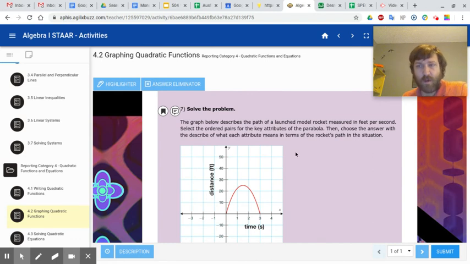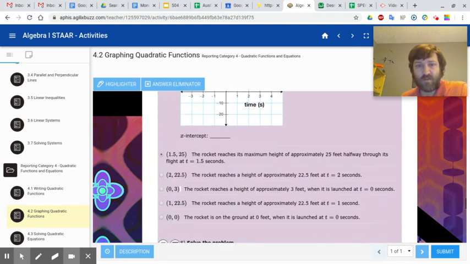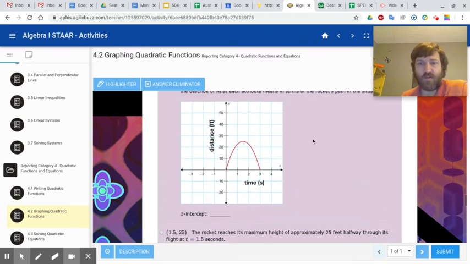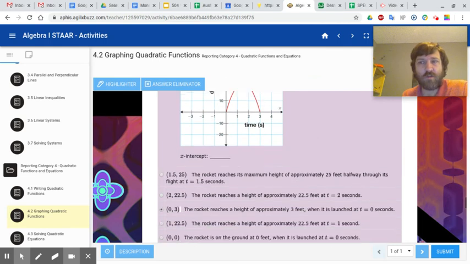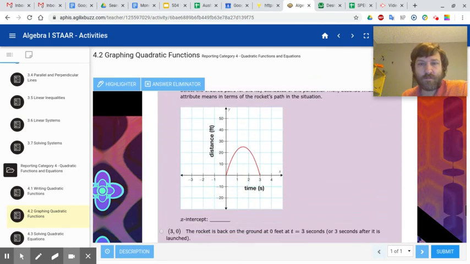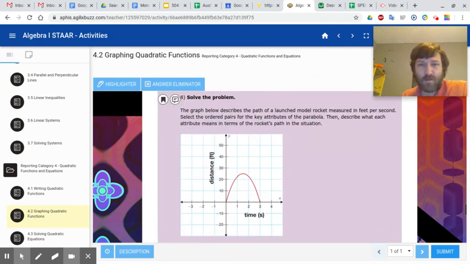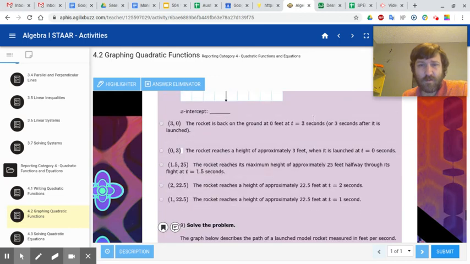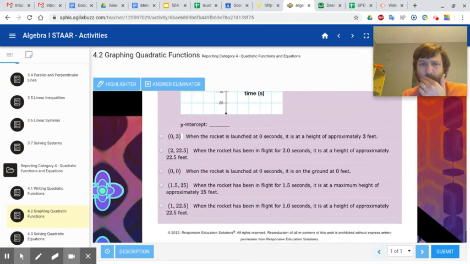I'm a little confused by this, so I'm going to guess that they want us to choose the one that doesn't match the graph. So we're going to choose this one option here. The wording is so strange. If you get it wrong, I'll just alter your score later. So it's a little weird.